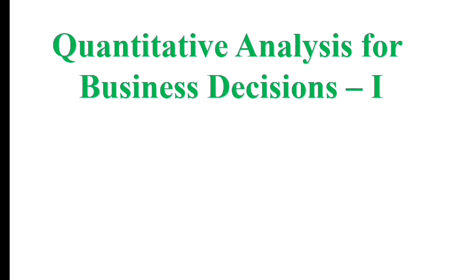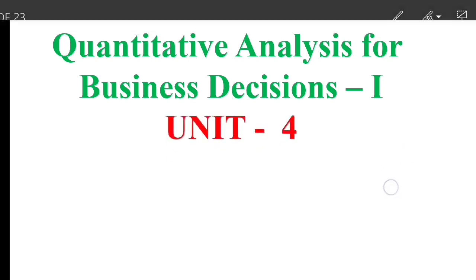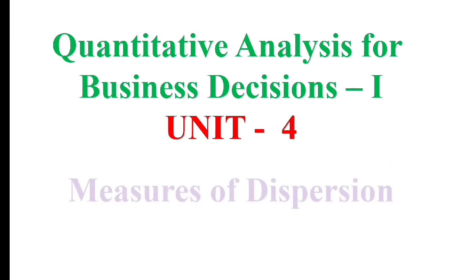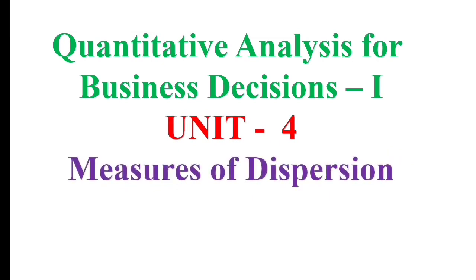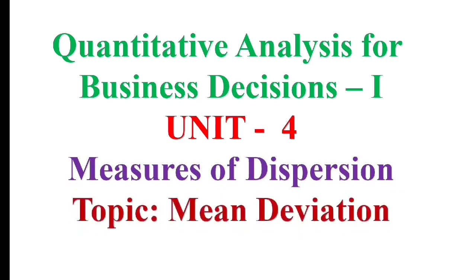Now I am going to explain quantitative analysis for business decision 1. Unit number 4, measures of dispersion. The topic is quartile deviation and mean deviation.